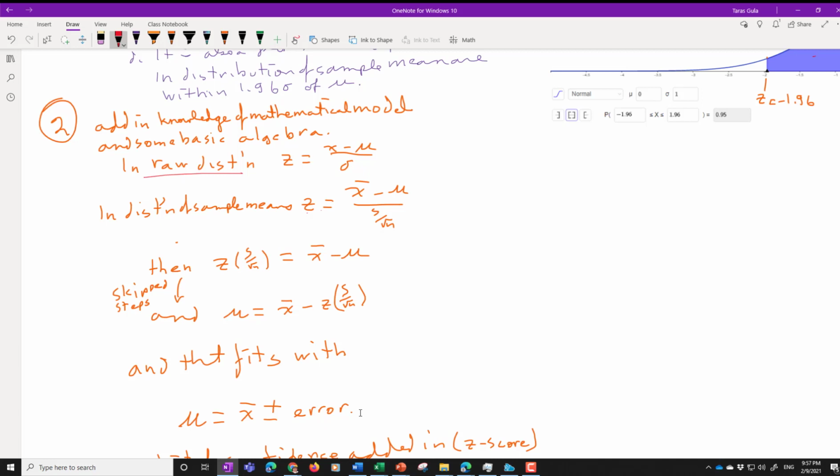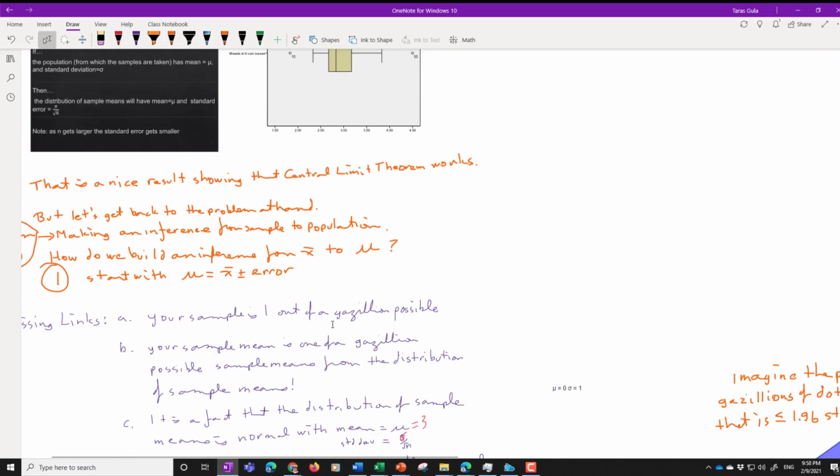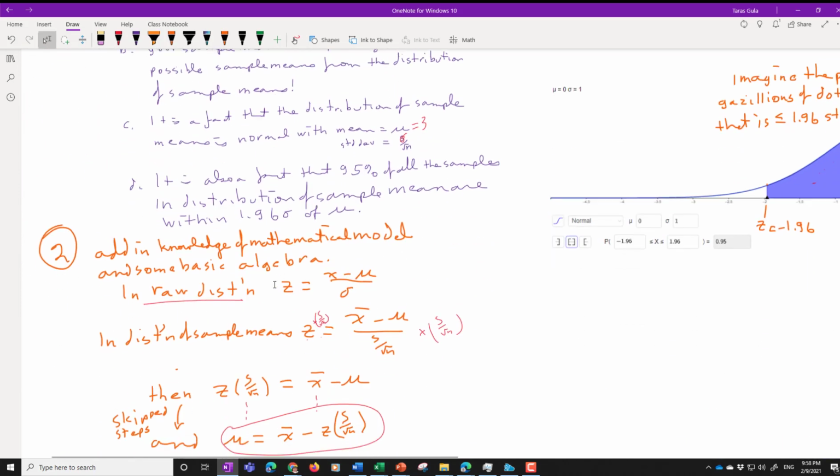Now, what do we do with that? Well, if you multiply both sides by s over root n, you see what I'm doing. I'm just solving an equation. There's a few steps here, but I can move from this to this. And what does this look like? Well, it looks like this thing here: mu equals x bar plus or minus error.